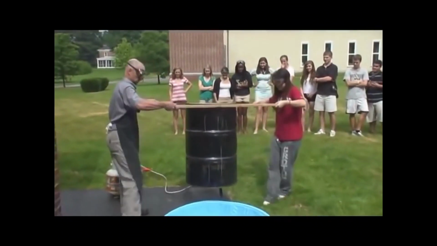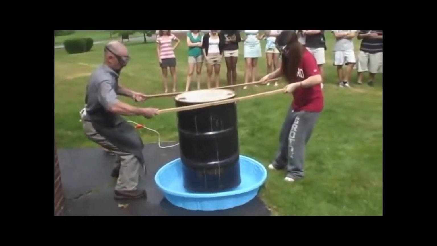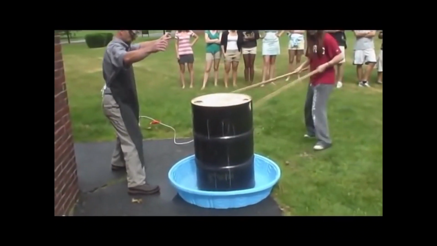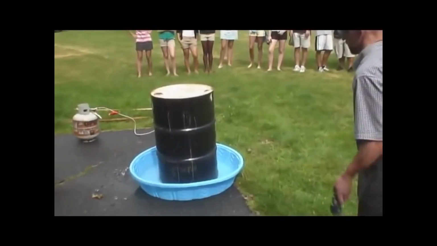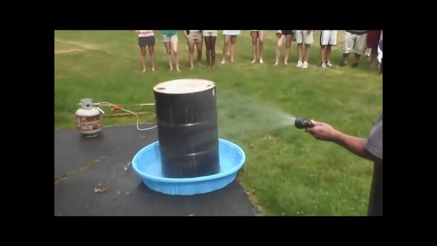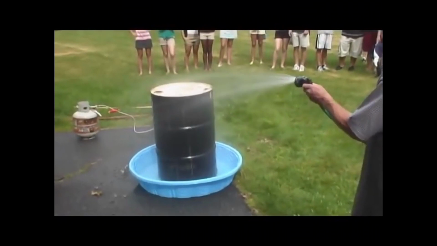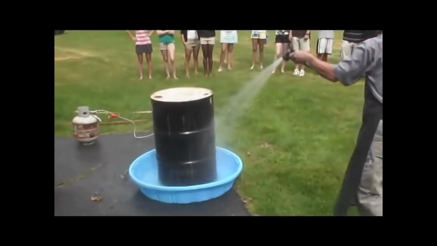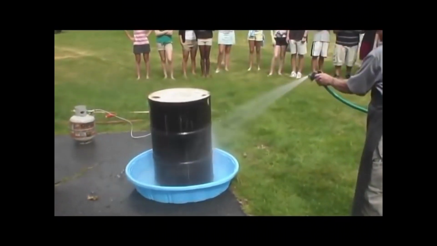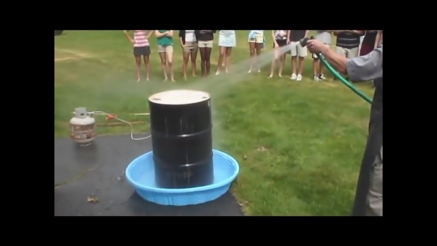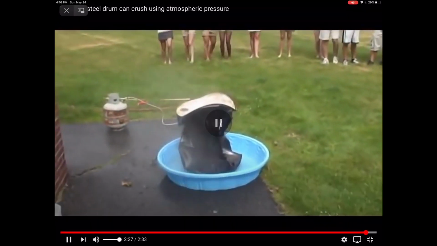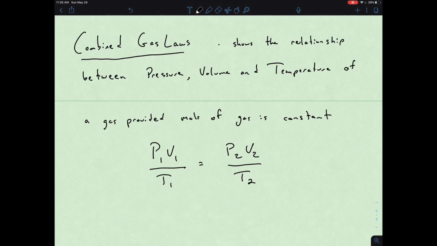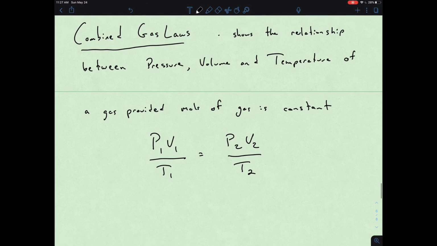So there's that idea of the combined laws working here. It's a little bit hot, so now let's just cool it all down with a little bit of water. And boom. Fun chemistry.